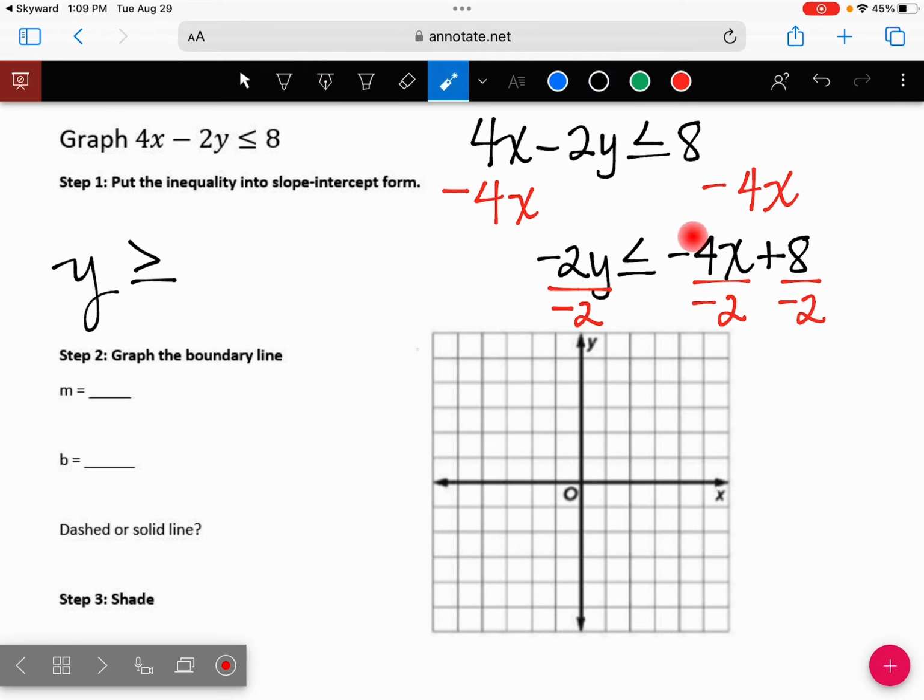When you divide -4 by -2, what is -4 divided by -2? If you're not sure, use your calculator. Take -4 divided by -2. +2.